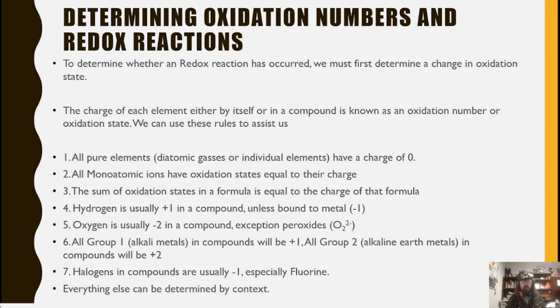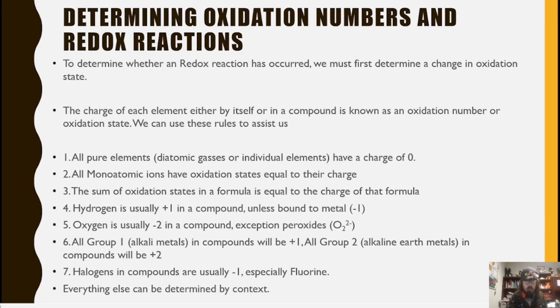Now, please note, while this is not new, we have maybe skipped some steps to get this. But remember, the sum of all the oxidation states in a formula must equal the charge of that formula. So in nitrate, NO3 1 minus, the total amount of charges in NO3 1 minus must add up to be 1 minus.